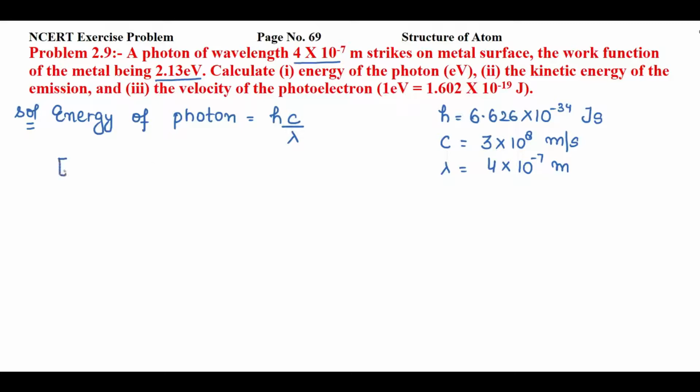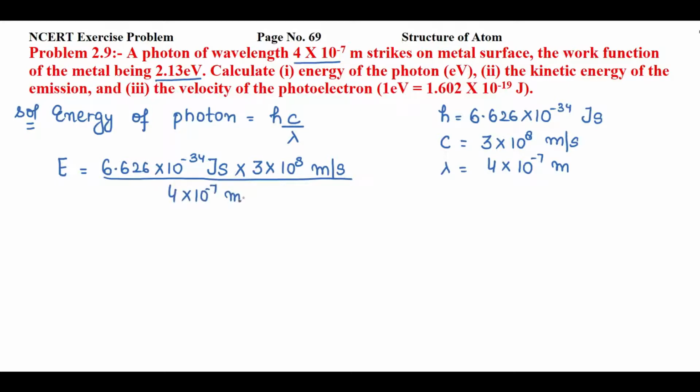So energy of photon is denoted by E, right? So E equals 6.626 × 10^-34 joule second into c, the velocity of light, 3 × 10^8 meter per second, divided by lambda, 4 × 10^-7 meter. I'll cancel meter with meter, second with second inverse. Now the unit of energy is joule only.